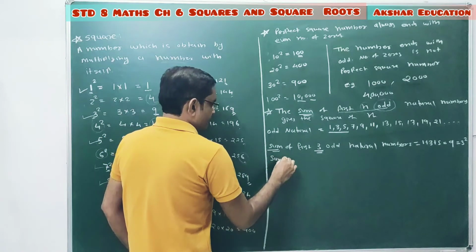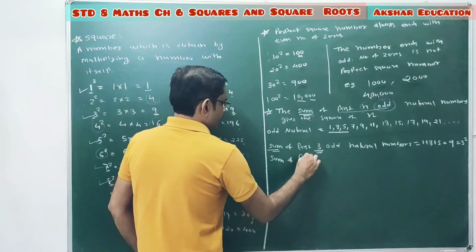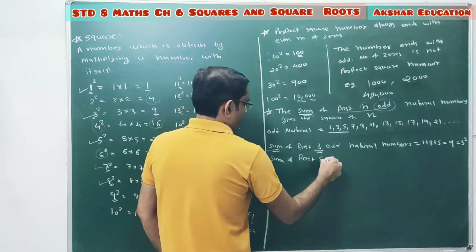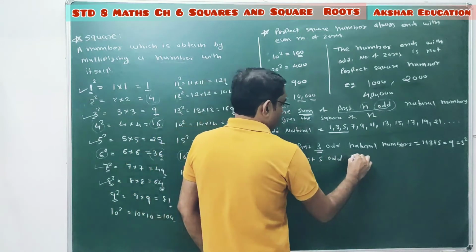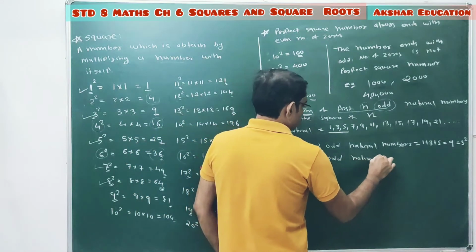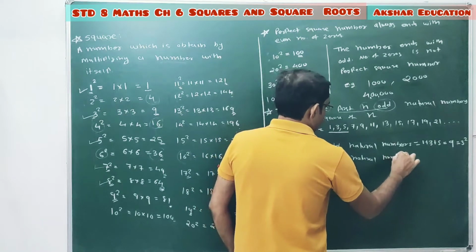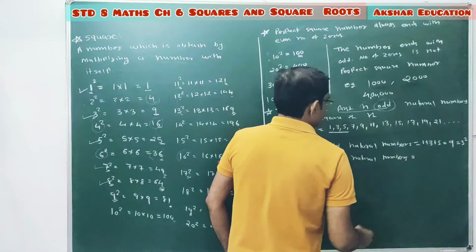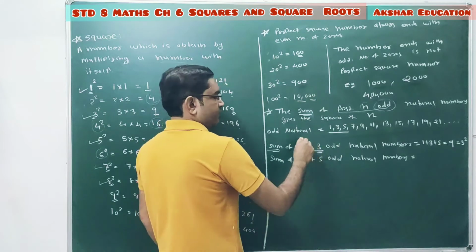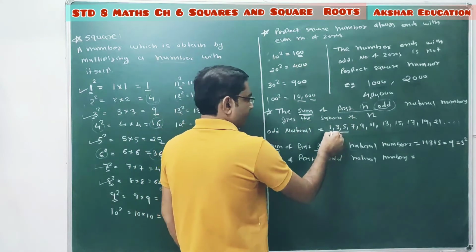Sum of first 5 odd natural numbers. First 5, पहले से 5.